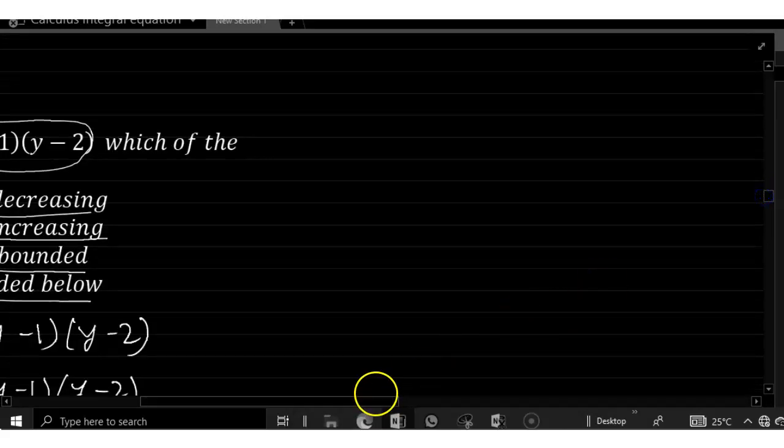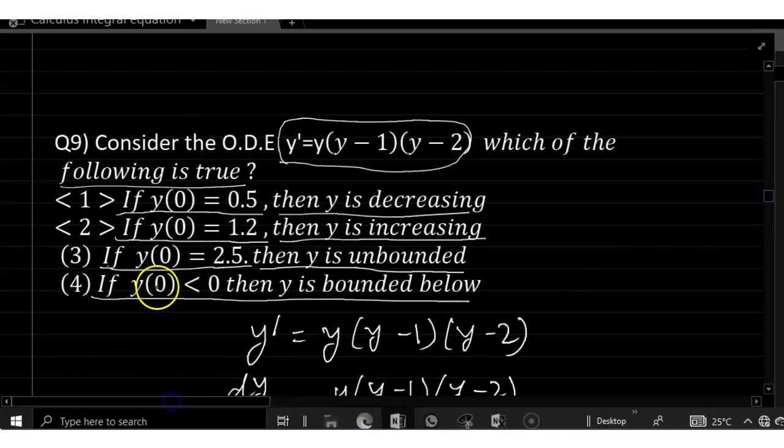Number 1 is not correct, because y(0) is 0.5 and y is decreasing, this is not possible.